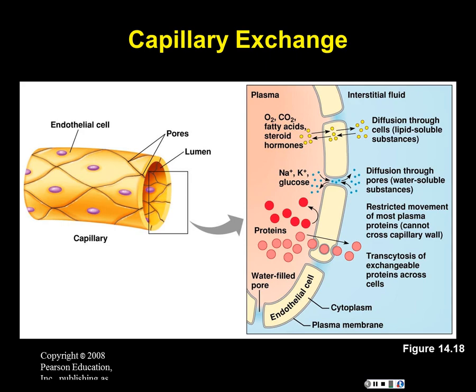What if something's not a big protein, but it's like a calcium ion? Can it move between the plasma and the interstitial fluid? It can through the pores. Okay, it's charged. It's not going to be vesiculated, but it could just do what through the pores? Diffuse through. Okay. Very good.